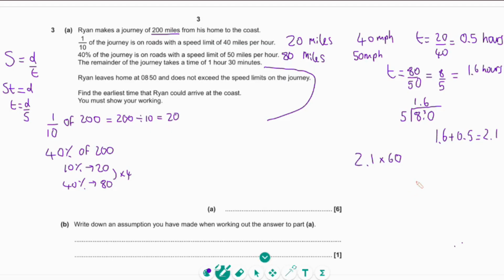Convert hours to minutes by timesing by 60. You could just times the 0.1 by 60, but I'm going to times 2.1 by 60 now. This is the same as 2.1 times 6 times 10. 2.1 times 10 is 21, so it's the same as 21 times 6. 1 times 6 is 6, 2 times 6 is 12, so it's 126 minutes, which is 2 hours, 6 minutes.